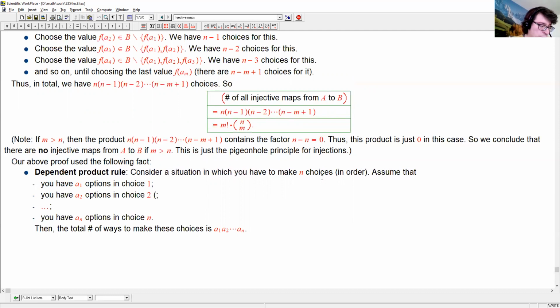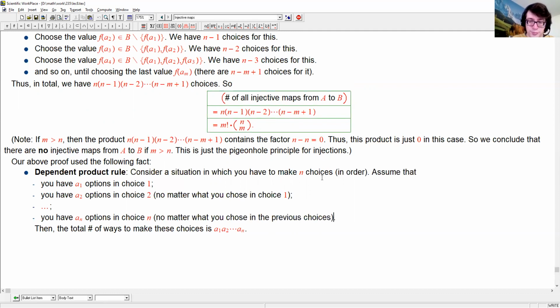Then you have A2 options in choice 2, no matter what you chose in choice 1. So the options themselves might depend on the choice, but their number is always A2. And similarly, at the end, no matter what you chose in the previous choices. Then again, the total number of ways to make these choices is this product.